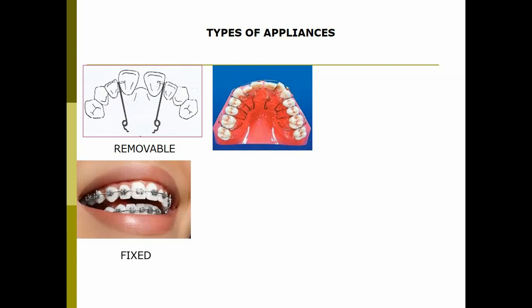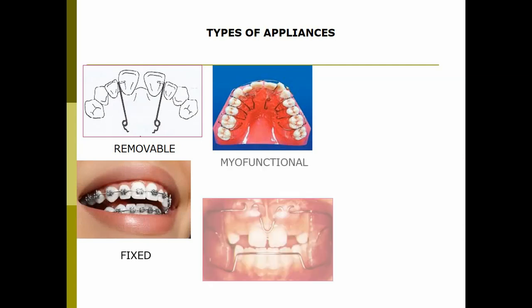Apart from appliances moving the teeth, we have appliances moving or redirecting the bone also. So if you want to move the bone or redirect the jaw growth, then you have further two types of appliances. One is your myofunctional appliances, which are going to modulate the function of your muscles and improve the function and hence redirect the growth of your jaws.